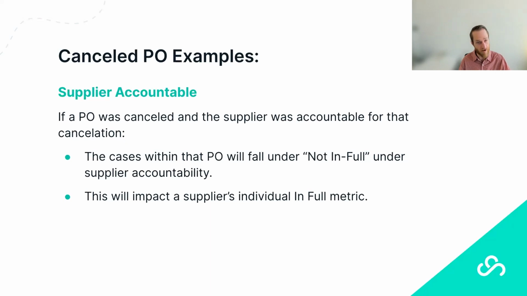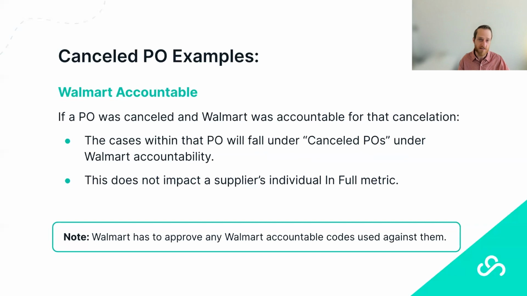So that is a common scenario where you have the accountability. On the other side, if you choose a reason code where Walmart owns the accountability, then you will avoid a fine and you'll avoid your in full score being affected, especially the supplier in full score.